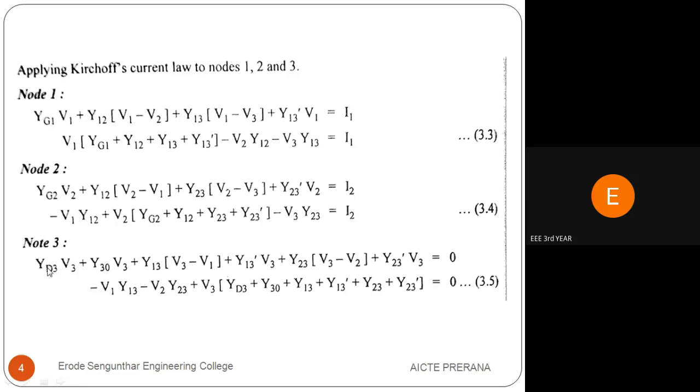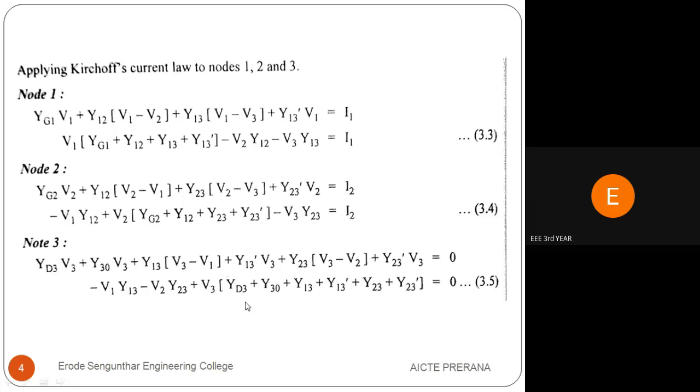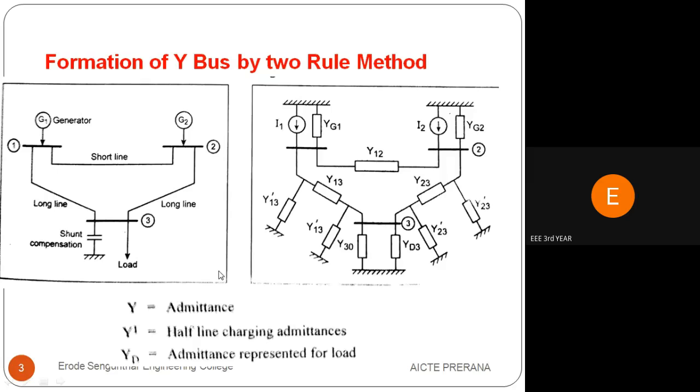That is, Y3 plus Y3 dash times V3. Then we consider the other element, between 1 and 3. That is Y13, multiplied with V3 minus V1. After that, the half line charging admittance Y13 dash is multiplied with V3.